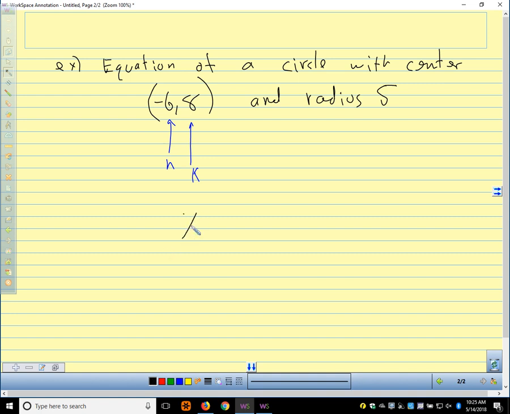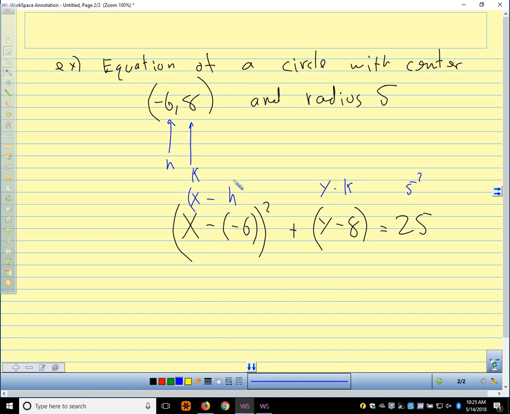So our equation is x minus negative 6 squared, that's x minus h, plus y minus 8, that's y minus k, equals 25. And that is 5 squared.